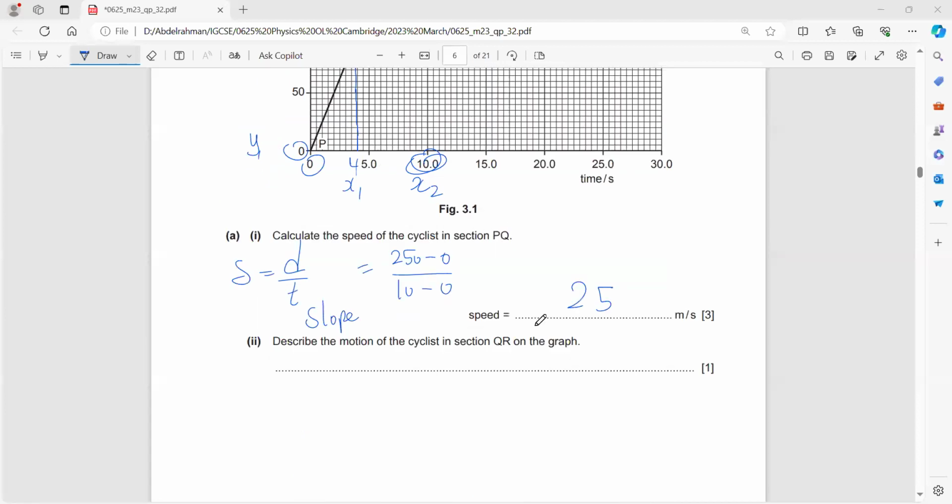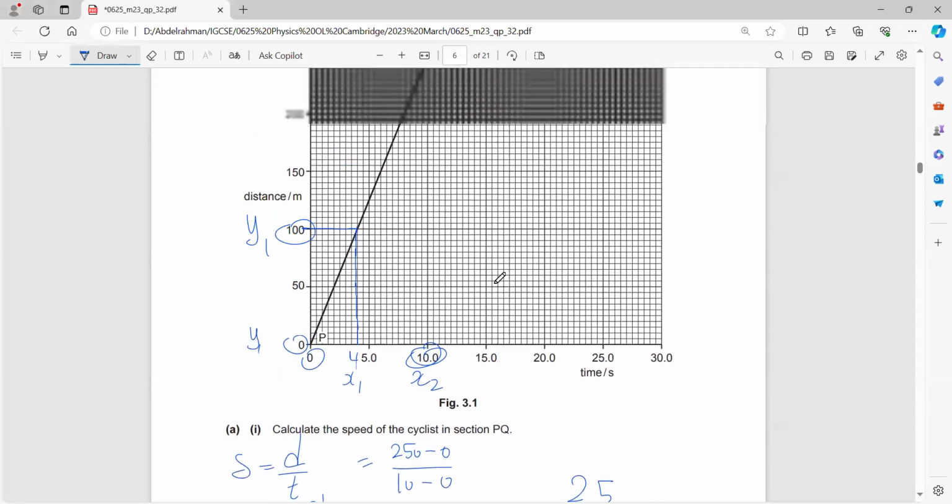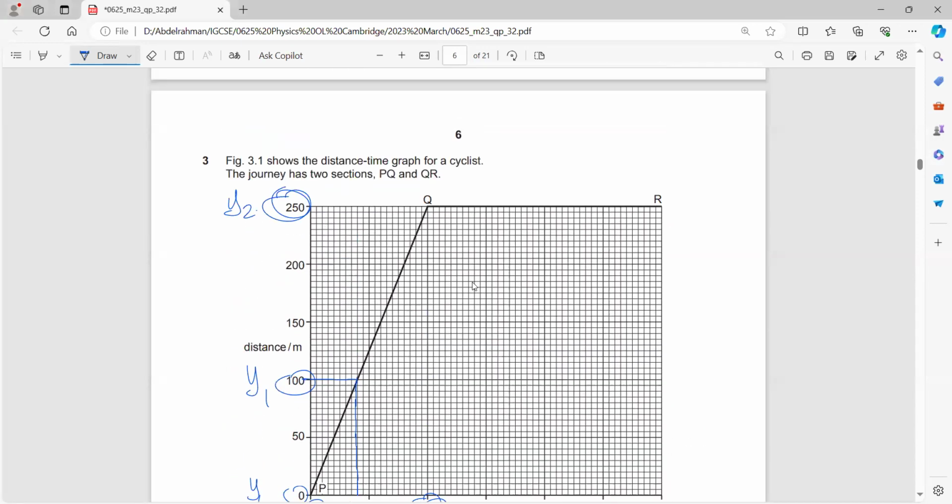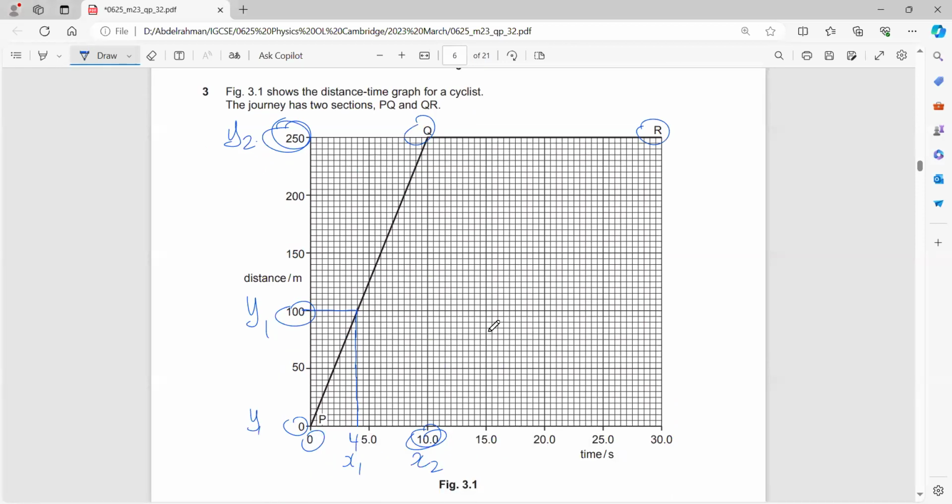For example, here he's asking to describe the motion of the cyclist in section QR. What is the motion of the cyclist? You tell me he is at rest. He's not moving, he's stationary. The speed is 0.